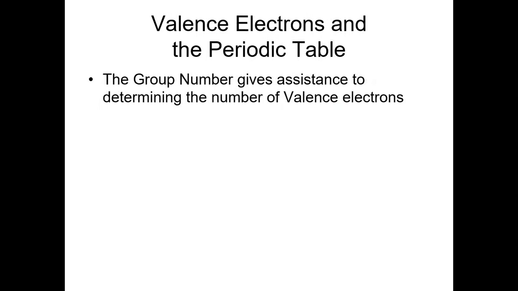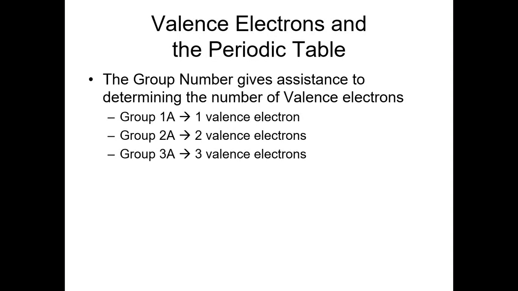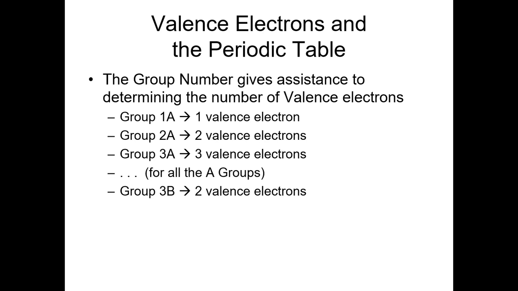So if you look at just the A groups, for instance, group 1A has 1 valence electron, 2A has 2, 3A has 3. Notice, see this trend. 4A has 4, 5A has 5, 6A has 6, 7A has 7, 8A has 8. Now, all the ones that are B's, the middle section of the periodic table, groups 3B and above, they all have 2 valence electrons.